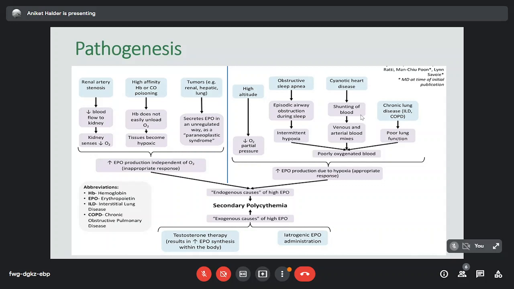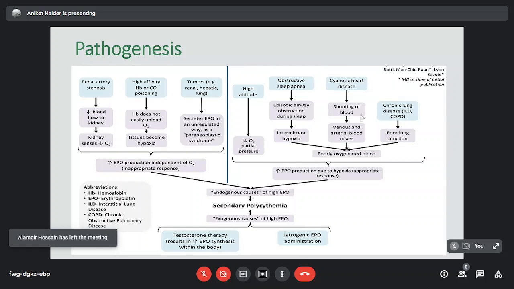Chronic lung diseases like the interstitial lung diseases, COPD, chronic asthma lead to poor lung functions, leading to poorly oxygenated blood and increased episodes of hypoxia, leading to increased erythropoietin production and secondary polycythemia. And there can also be exogenous causes, as I had mentioned, different therapy with testosterone or steroids, or iatrogenic erythropoietin administration can also cause secondary polycythemia.